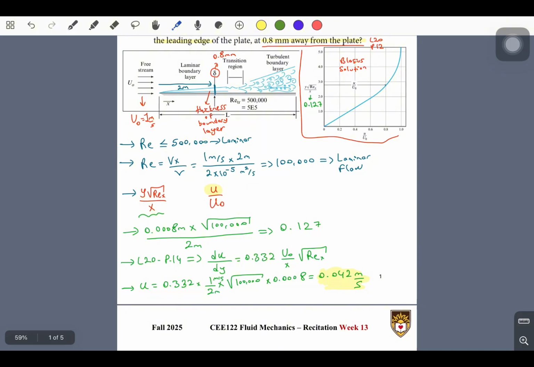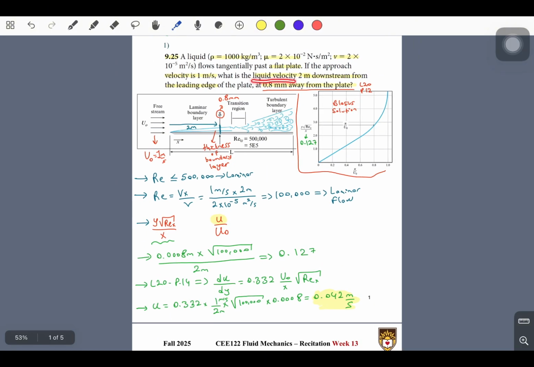So basically, we needed to find the liquid velocity 2 meters downstream from the leading edge. Since this is a laminar layer, we can use this solution, which gives a curve. On this curve, you can use this term, which is the thickness times the square root of the Reynolds number divided by that distance, and this gives the ratio of velocities.